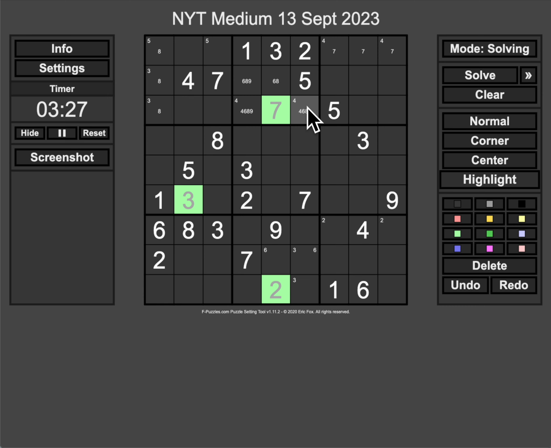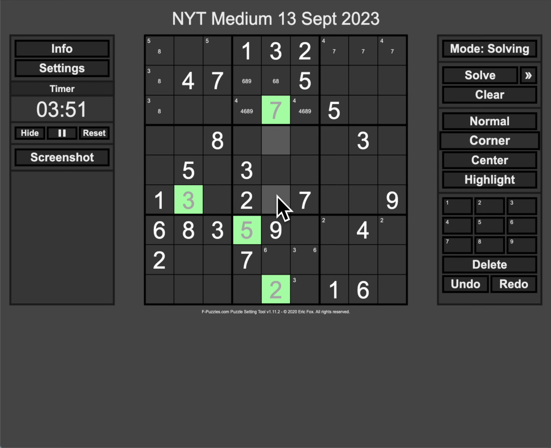Okay, row 7. This is where I want to get now. I have 3, 4, 6, 8, 9 already placed. I need 1, 2, 5, and 7 left. This cell sees everything but 5. Well, this 5, and this 5 will force one of these two to be a 5.